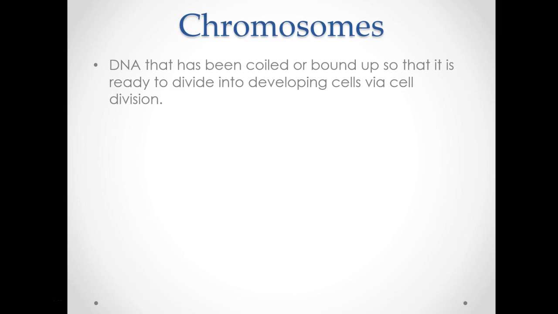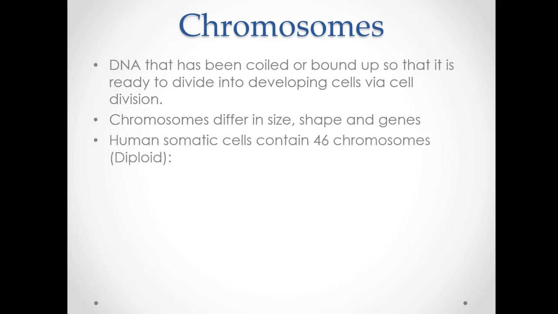So when we're going through the processes of transcription, we actually have to have access to our genetic information, which is in that loose, unbound form. But when we need to copy DNA and move it around the cell, we bind it up tightly into these chromosomes. So chromosomes differ in size, they differ in shape, and they differ in the number of genes that we have.